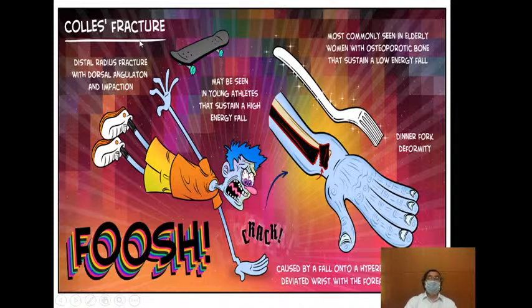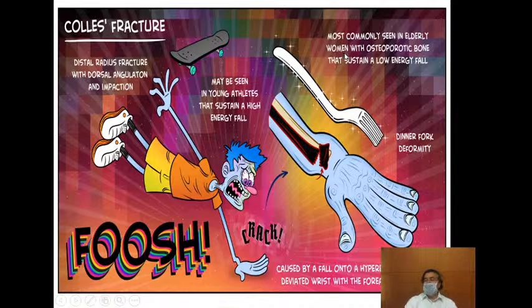So Colles fracture, this is a fall on an outstretched hand. You can see here the hand is stretched out, and distal radial fractures with dorsal angulation, and sometimes there may be impaction. What is impaction we can see later. It is most commonly seen in elderly women with osteoporotic bone, that is called postmenopausal osteoporosis.